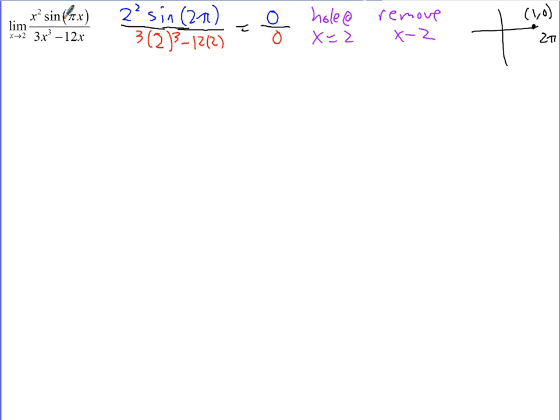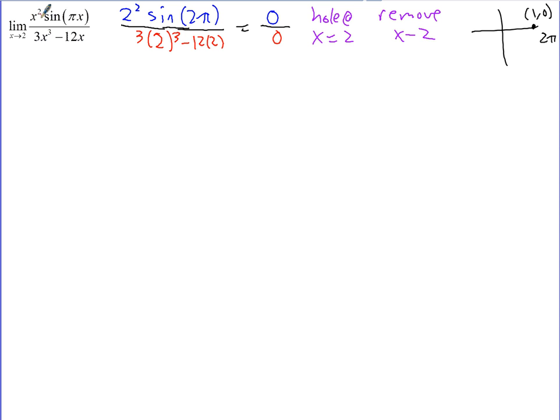And chances are you'll see at least one on the AP test where it is necessary, so that they can test to see if you actually know how to use L'Hopital's rule and not just the other methods that we've gone over. So when we take the derivative of the numerator, notice this one's a little more complicated because we've got x squared times the sine of pi x.